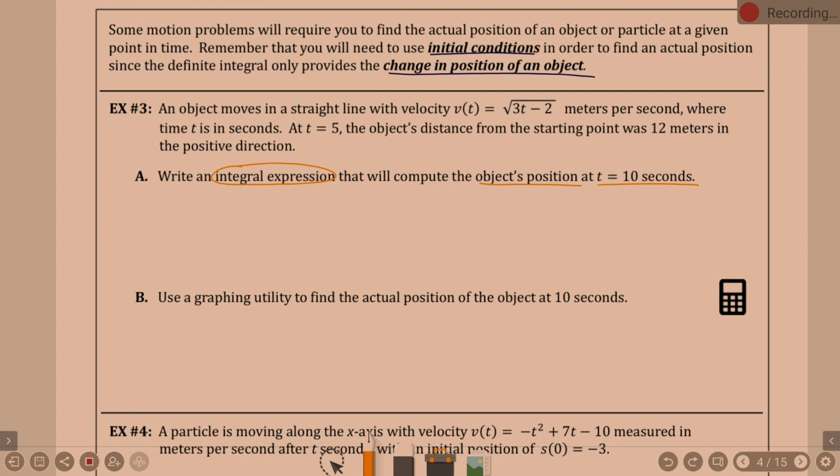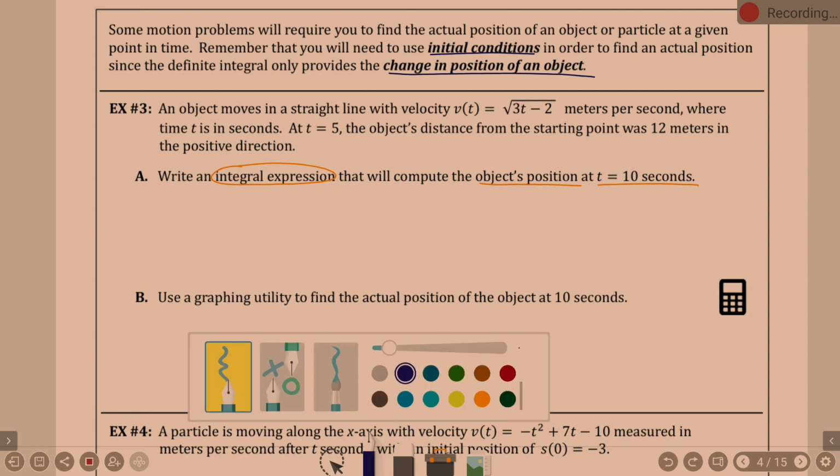So how are we going to find the object's position at t equals 10? Well, you've got to integrate the square root of 3t minus 2 to get your position.